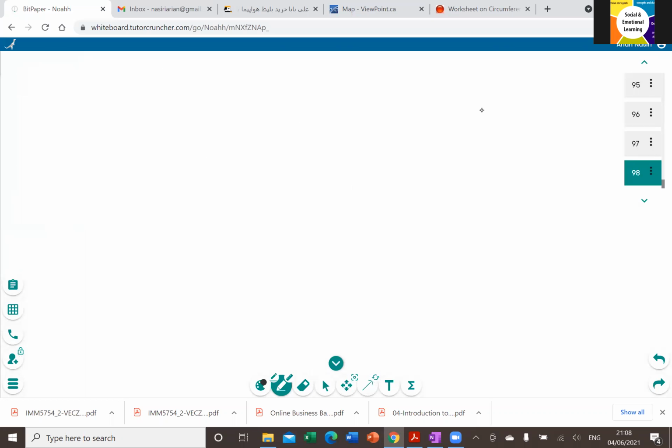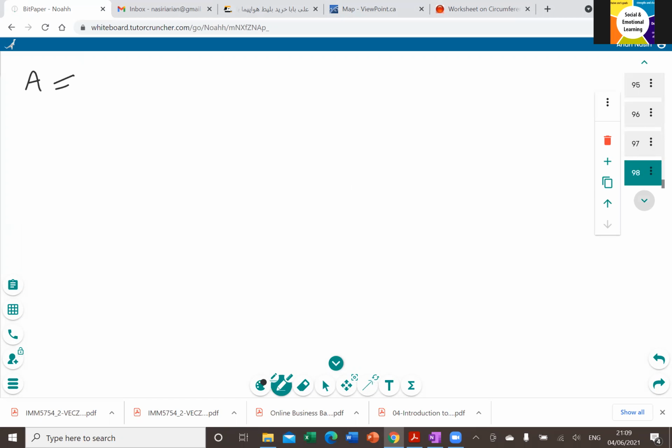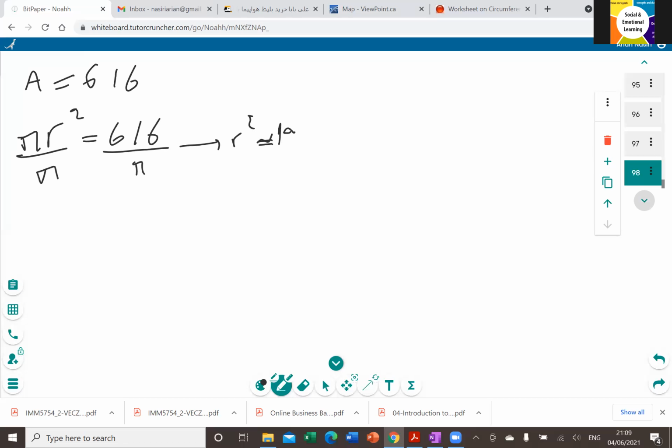So your question, Will. We are given the area, and the number for the area was 616. Then we said pi r squared equals 616, because that is the formula. Then we divide by pi, both sides, and therefore we get r squared approximately 196.